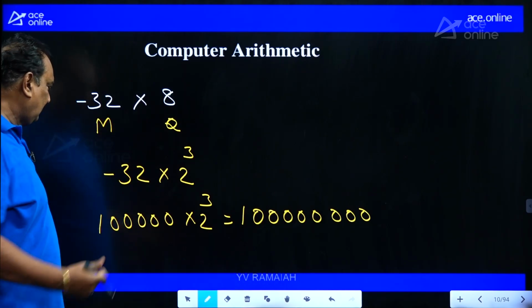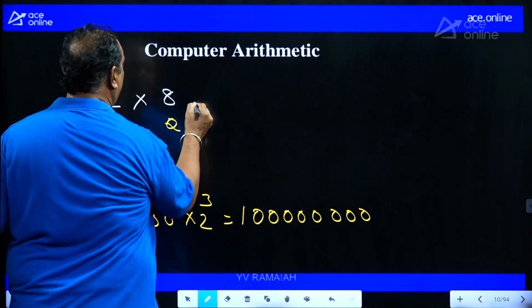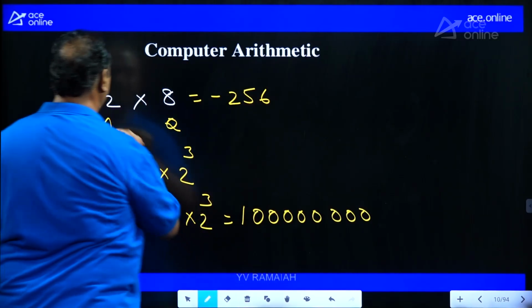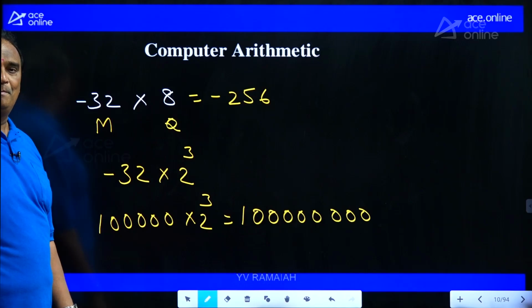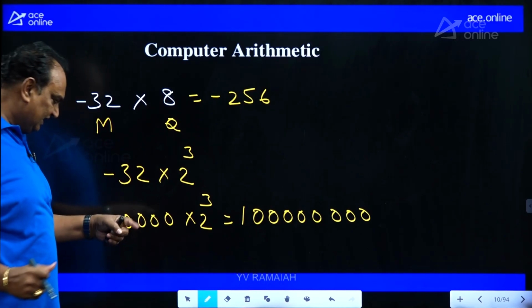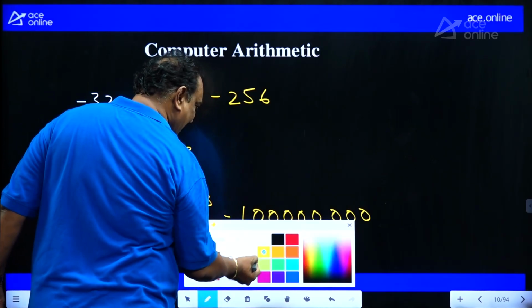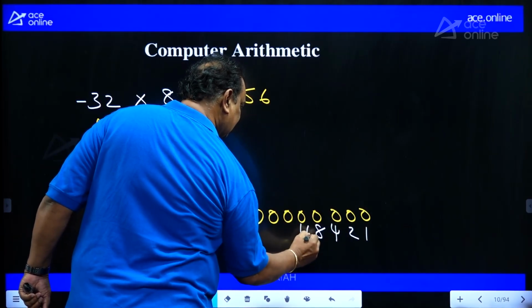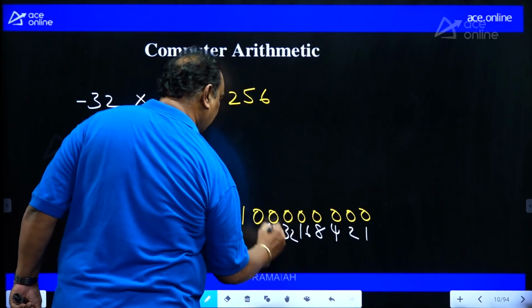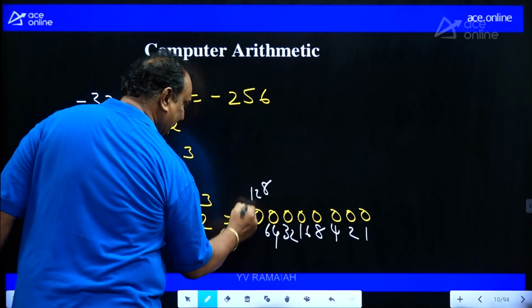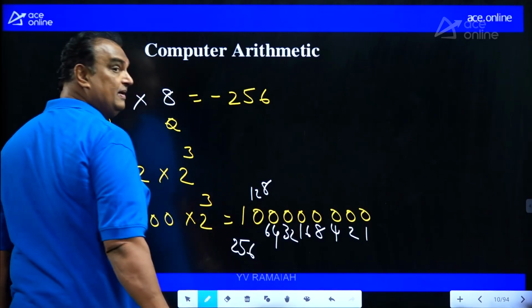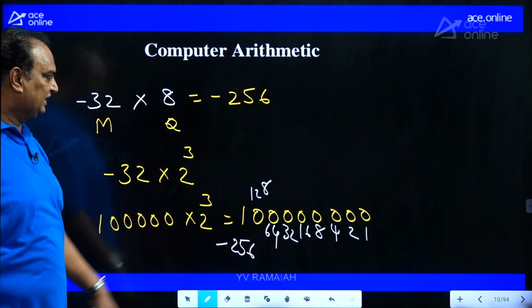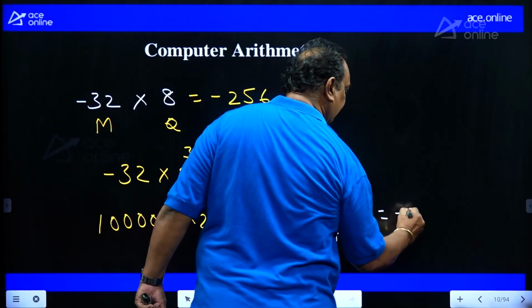Our result is minus 256. What about the result generated by the system in this manner? Same: 1, 2, 4, 8, 16, 32, 64, 128, 256. The MSB weight sign is negative, so its value is minus 256.